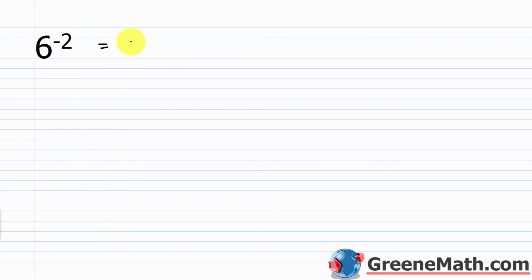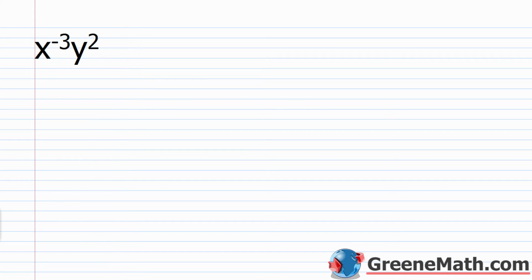Again, flip the base. So 6 will now be 1/6. And then make that exponent positive, so this is going to be 2. So 1 over 6 squared. 4 to the power of negative 7. Again, flip that base 4, so this is going to be 1 over 4. And then your exponent here, instead of being negative 7, is positive 7. So this is 1 over 4 to the 7th power.